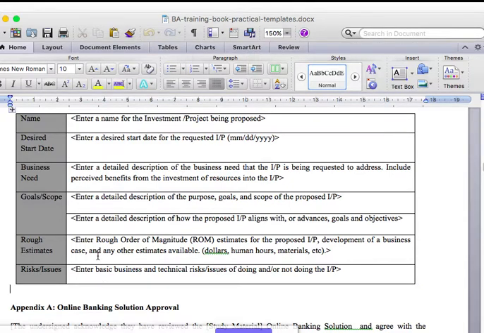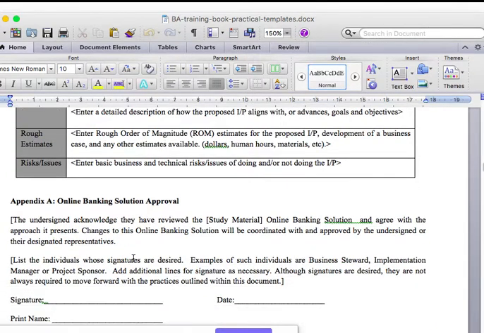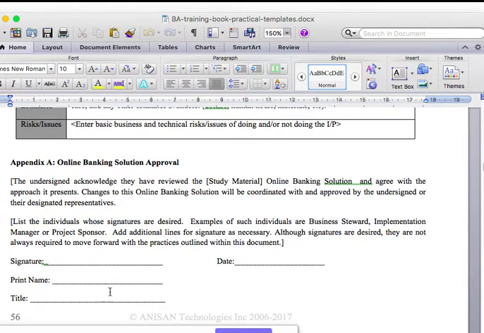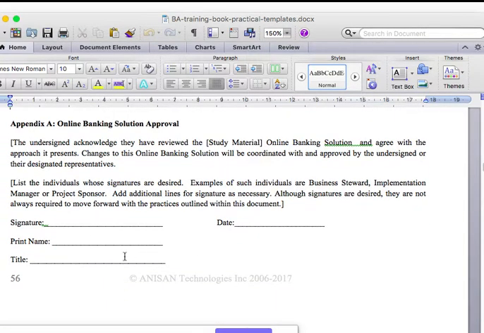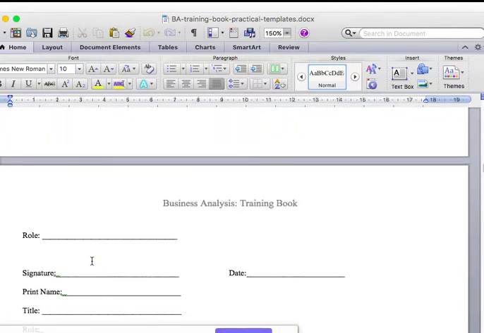Because this is very high level, let's understand some other documents as well. Now in this, if you see the online banking solution, it is talking about the signature, approval and title. This is how you can seek the approval and write the information, because without approval you can't go ahead. So you have to ensure that every document has been approved by the relevant stakeholders.